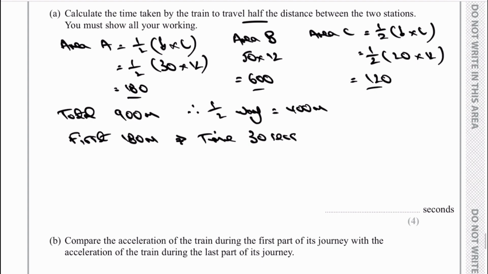Okay, now don't forget I've got 450 meters to go. Okay, so therefore I need to travel another last part of the journey, or the second part of the journey really, which is going to be 270 meters, because if I add those two together I'm going to get 450, and therefore the time, in order to work that calculation out, I'm going to have to use speed equals distance divided by time, because I know the distance is going to be 270 meters and I know my time is going to be 12 seconds.